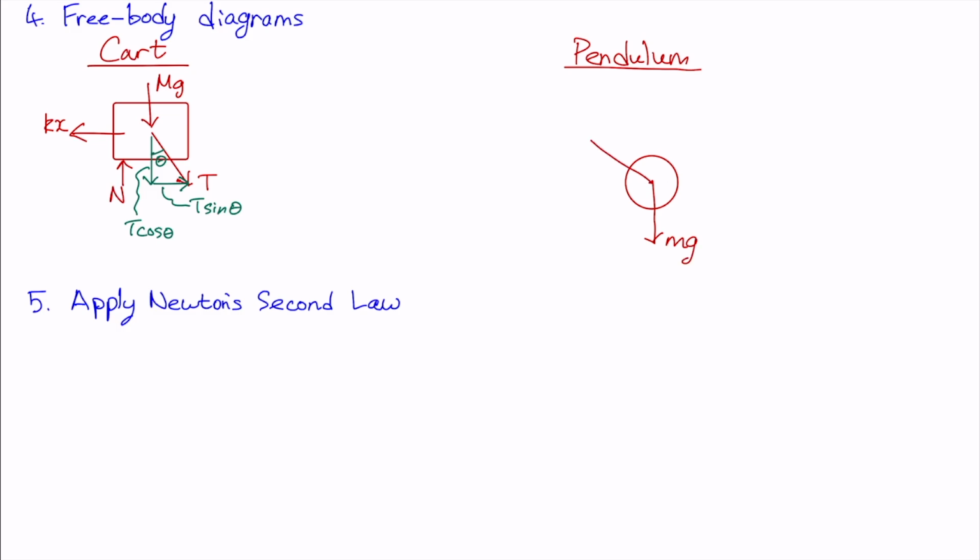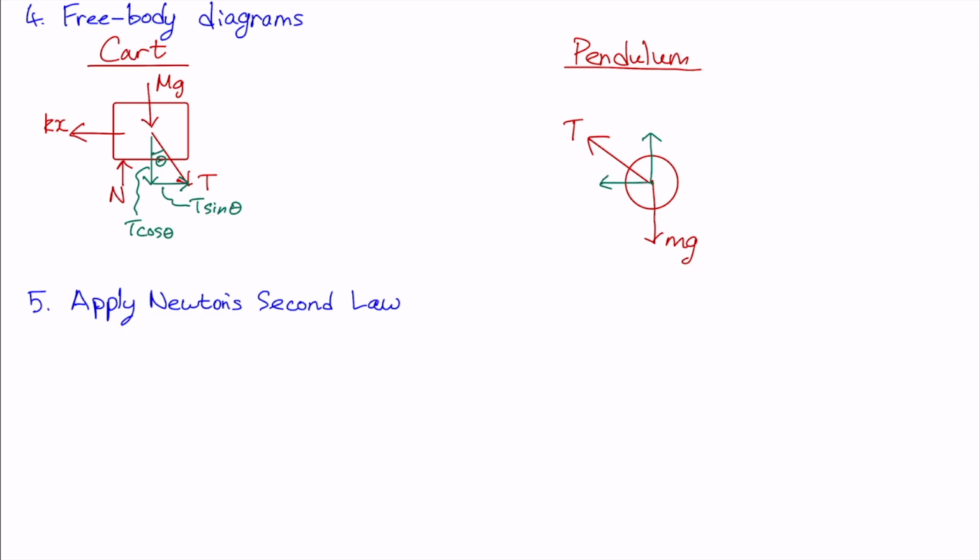Then we have the tension force pulling up at an angle, which we're going to end up needing to break into components. All right, so this was our tension force T. It's pulling up on the pendulum. Got a vertical force here and a horizontal component.